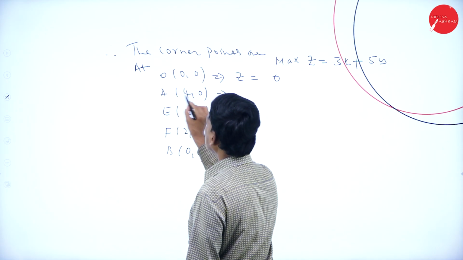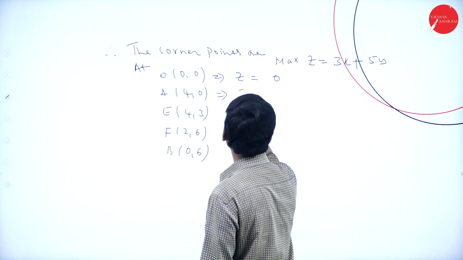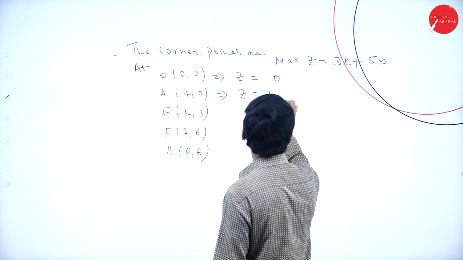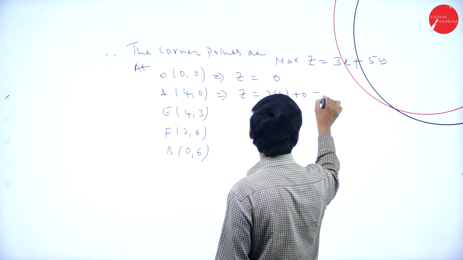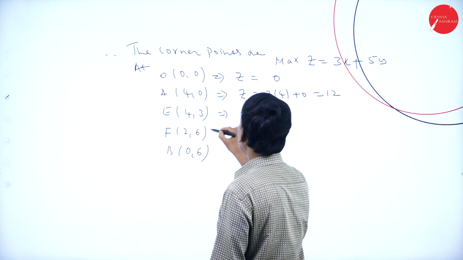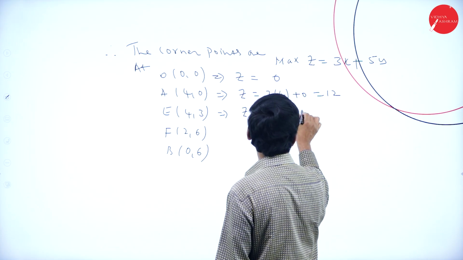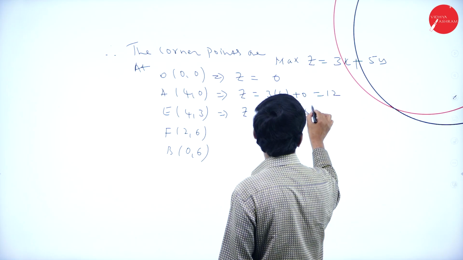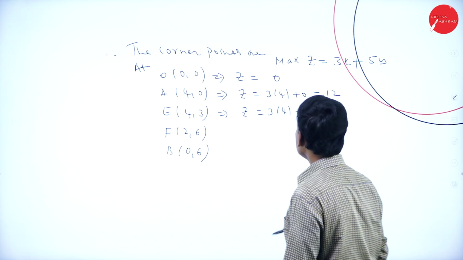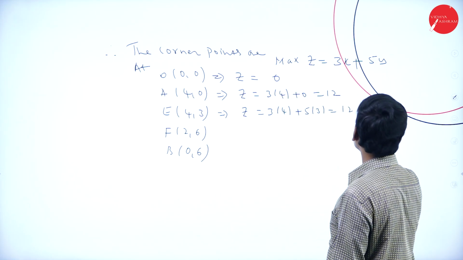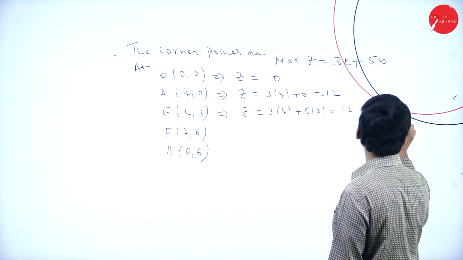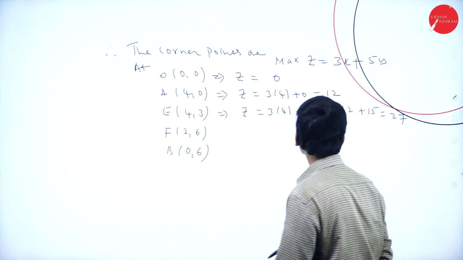At 4, 0 implies Z is equal to 3 into 4 plus 0, which is equal to 12. At 4, 3, Z is equal to 3 into 4 plus 5 into 3, that is 12 plus 15, which is equal to 27.